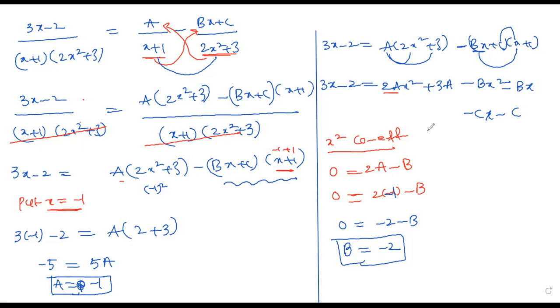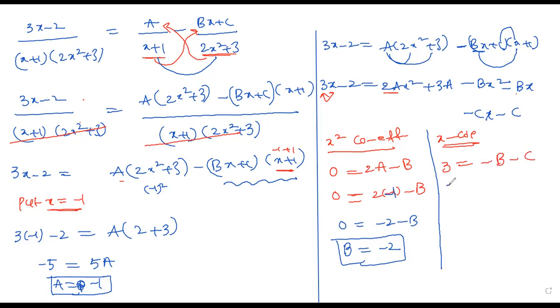So we will find the c value now. To find the c value, you have to compare the x coefficients, because in the x square coefficient we are not getting the c value. What is the x coefficient on the left side? Only 3. So 3 is equal to the x coefficient here, minus b and minus c.